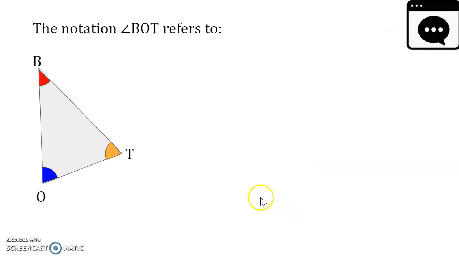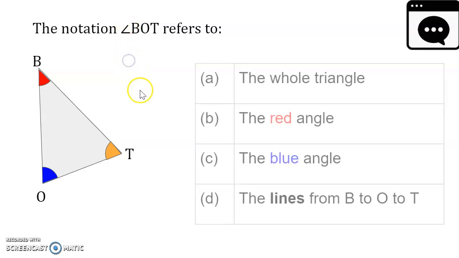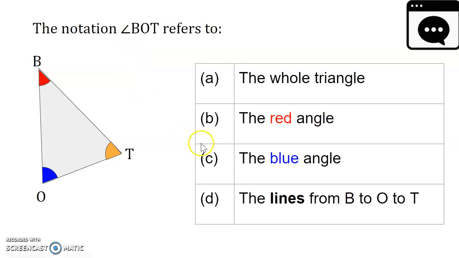Now this time the notation B angle BOT refers to, okay, we have this symbol here. Angle means we're referring to what? Okay, so hopefully you know that that symbol means angle, so you know you're talking about an angle. So it's going to be either the red angle or the blue angle, not lines.